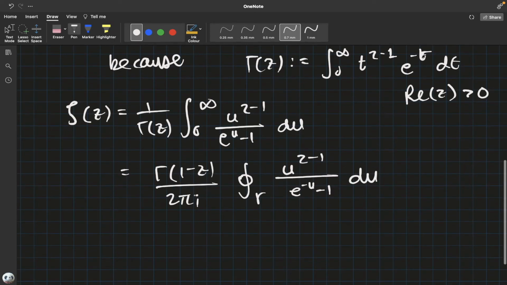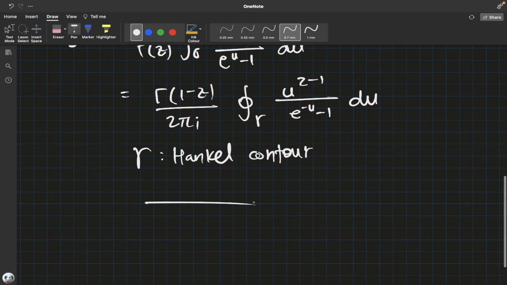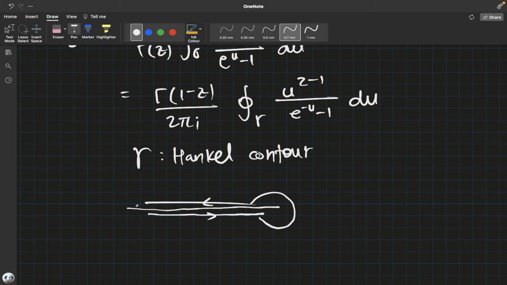You can see these are equal by integrating on the Hankel contour, where small gamma is the Hankel contour. Extremely useful contour. It's so useful they gave it a name. So it looks like this, and you're sort of avoiding the branch cut from 0 to negative infinity generated by the numerator.